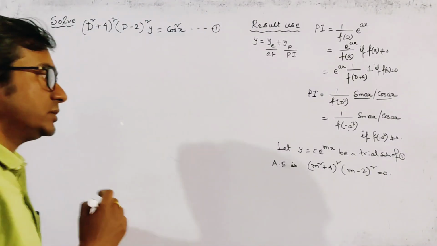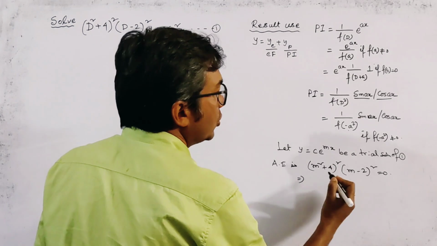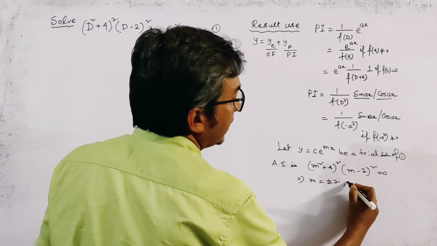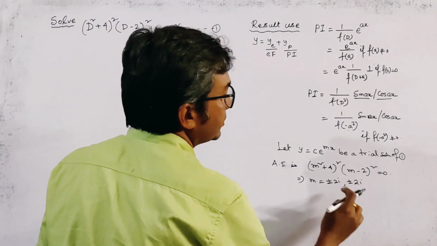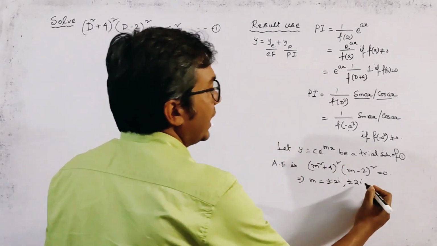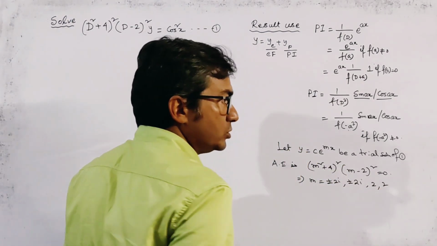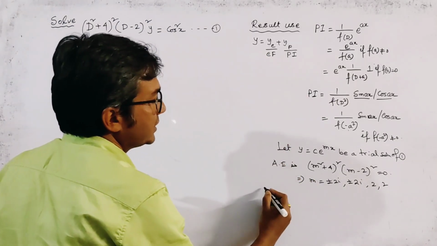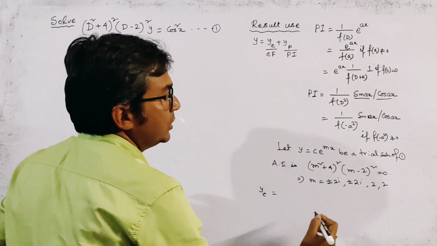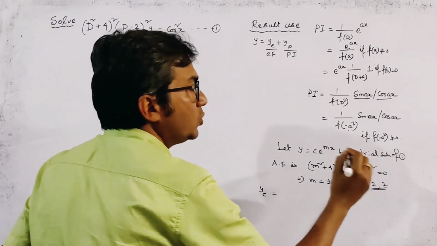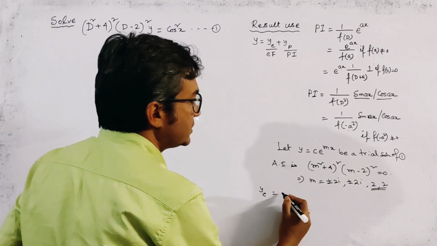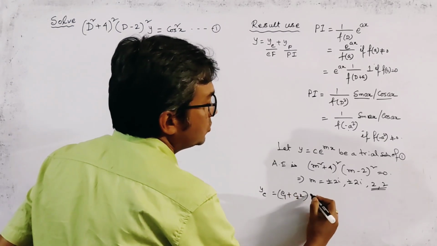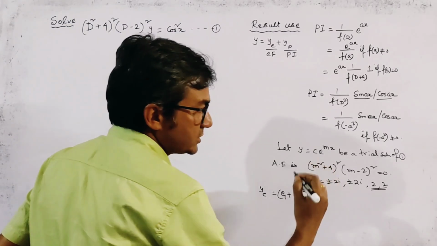So we get the values of m, which are m equal to plus minus 2i and again plus minus 2i because this is squared, and 2, 2. Now we write the complementary function yc. For the two equal real roots, this is c1 plus c2x into e to the power 2x.